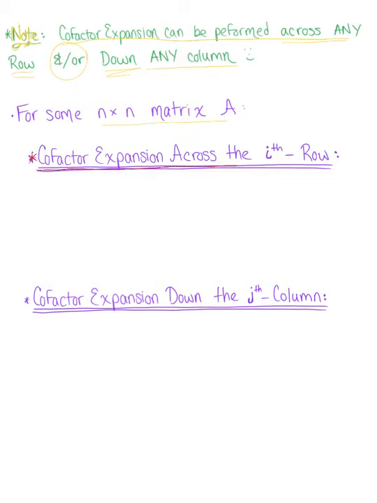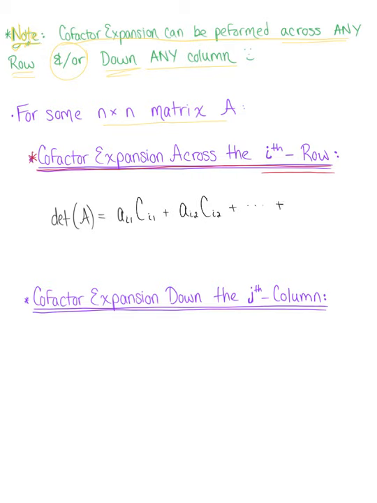So we can apply cofactor expansion across the ith row of a matrix. And in this case, we have that the determinant of matrix A is defined by the cofactor expansion. And we have the entry in the ith row first column multiplied by the cofactor in the ith row first column plus the entry in the ith row second column times the cofactor C sub i2 plus, and so on.